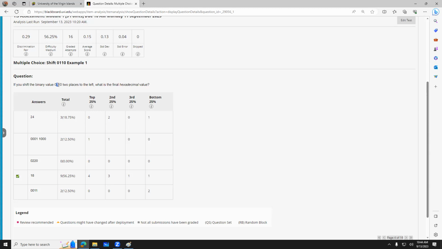So if I shift these over 2 places, this one moves to here, and this one moves to the next nibble or D word, right? So it's 0, 0, 0, 1. So what's the hexadecimal value? 1. And then what's the other value? 1, 0, 0, 0. The hexadecimal equivalent of that is 8.